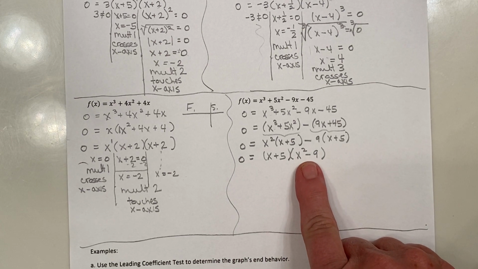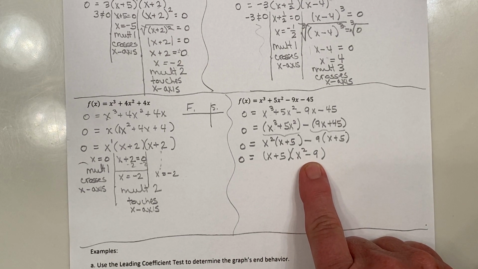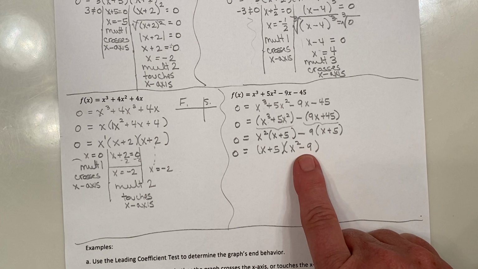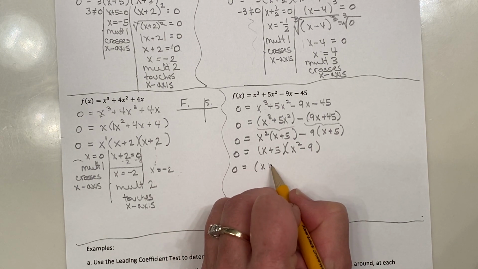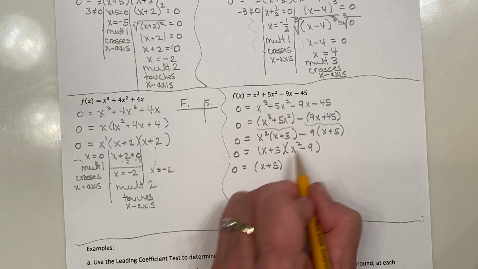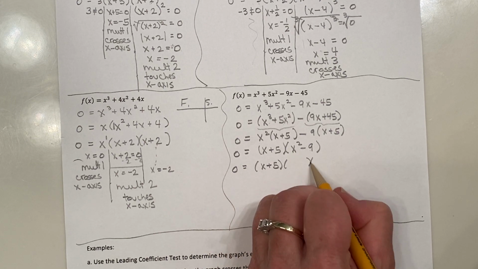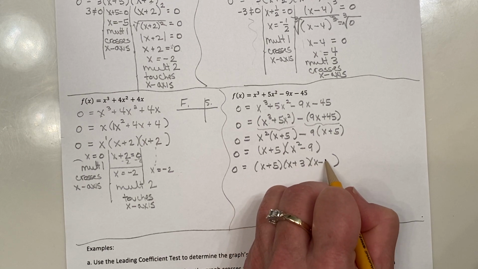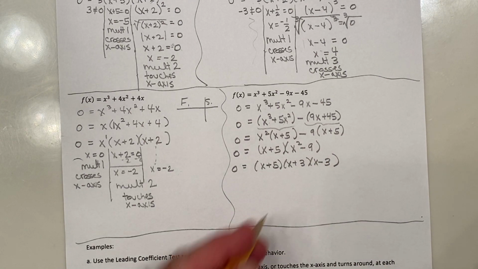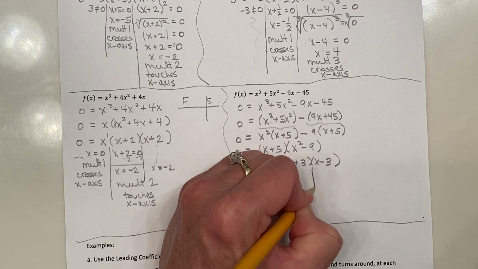You could either use the square root property on this to solve this quadratic when you set it equal to 0, or I'll go ahead and do something different here. Notice that that's a difference of 2 squares. So this binomial will break into x plus 3 and x minus 3. Set each factor equal to 0.